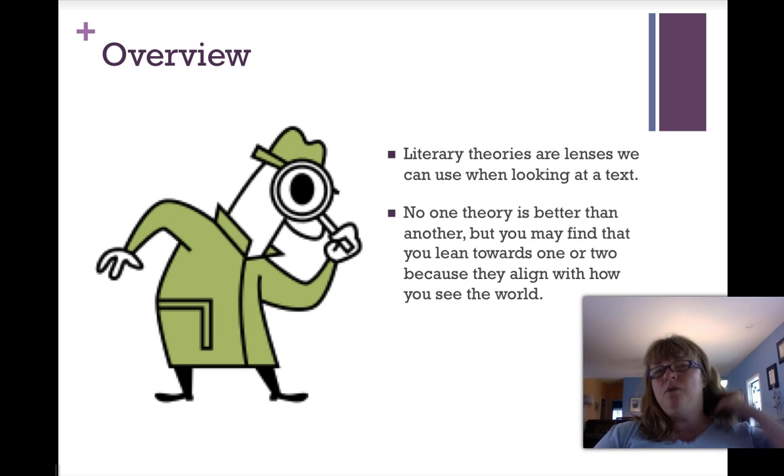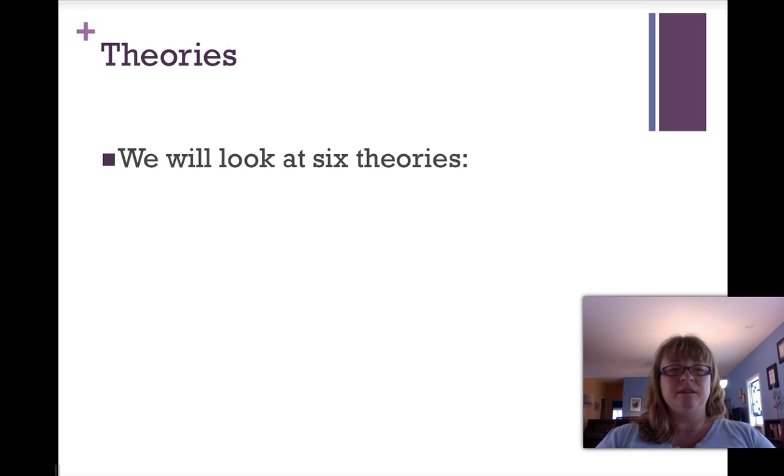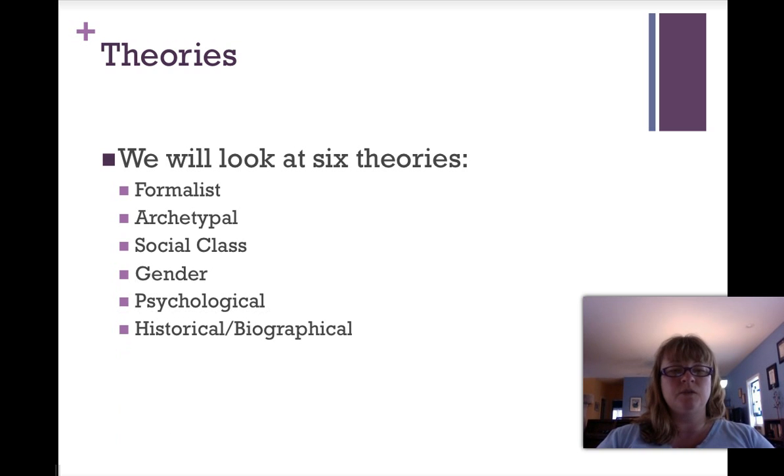Now, there's no one theory better than another, but you're probably going to find that you lean towards one or the other because it just aligns with how you see the world. All right. So today we're going to talk about 6 theories: formalist, archetypal, social class, gender, psychological, and historical biographical.